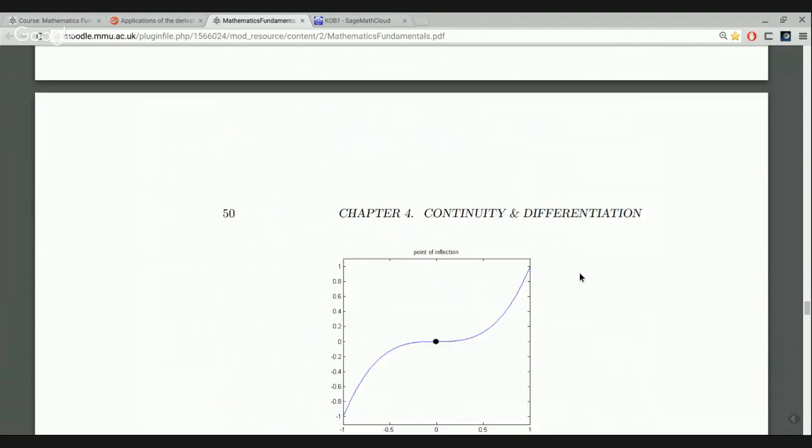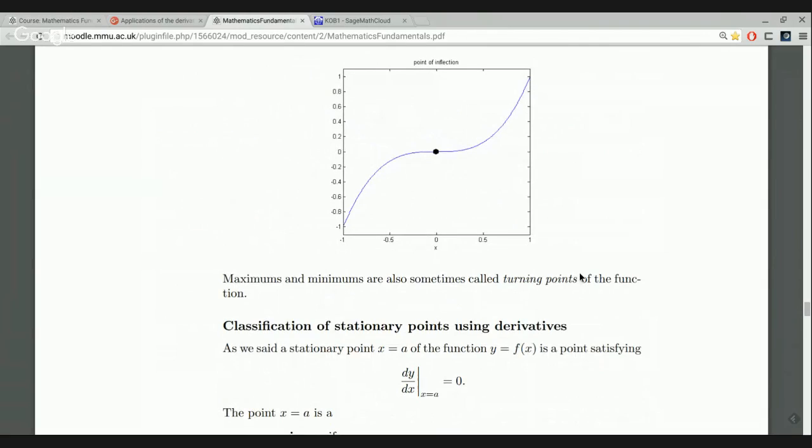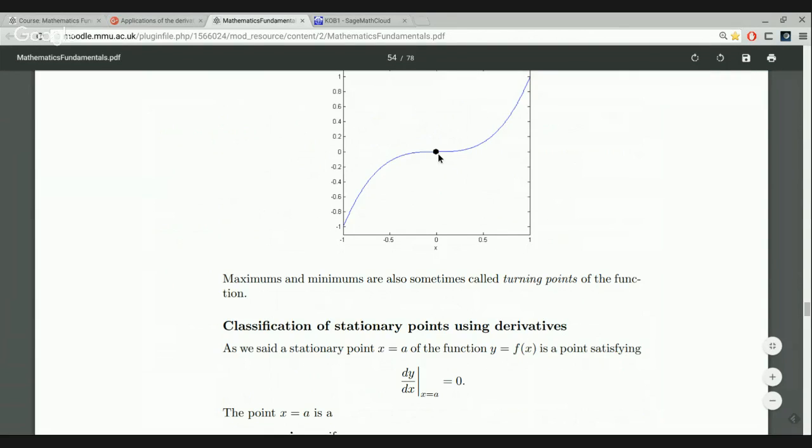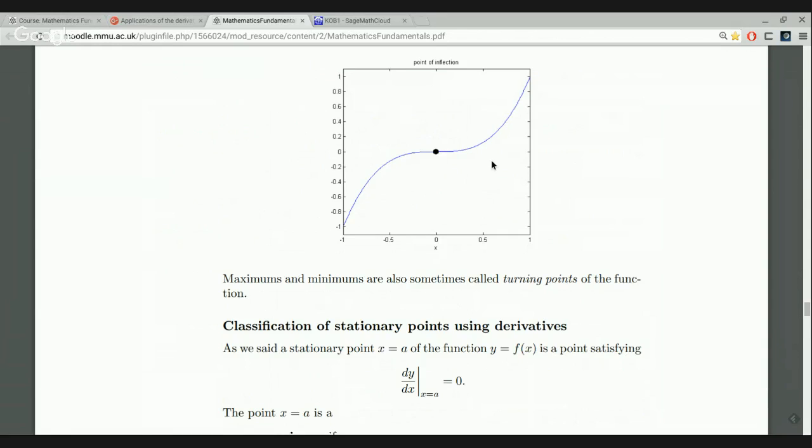The other type of stationary point is a point of inflection. So this is kind of like a mixture of a local minimum and maximum. If you look to one side, it's kind of acting like a local maximum. So if you could only look to the left of that point, you would think this point was a local maximum. If you could only look to the right of it, though, you would think it were a local minimum.